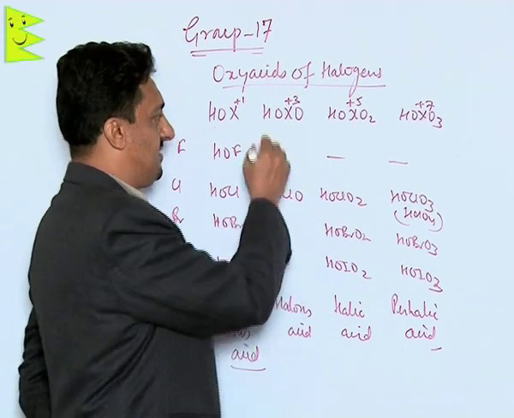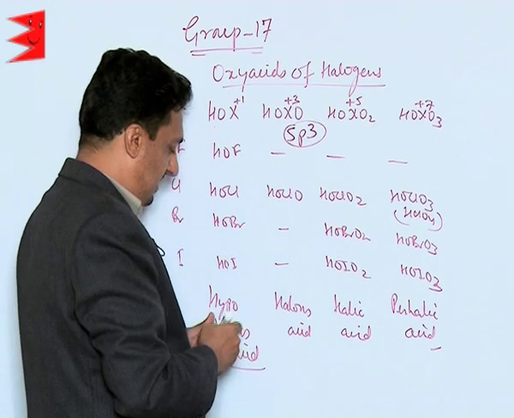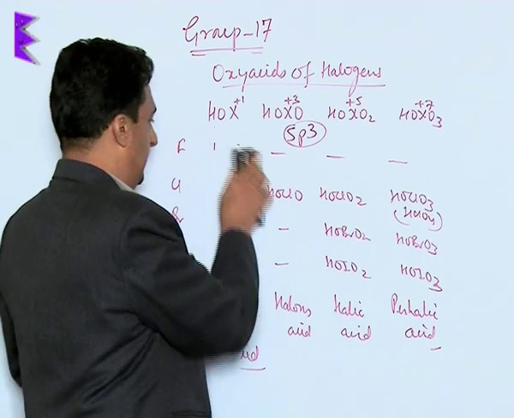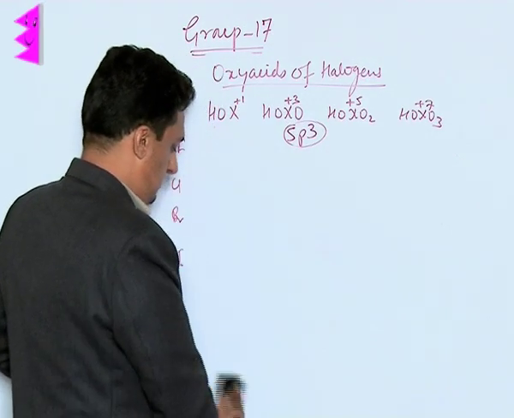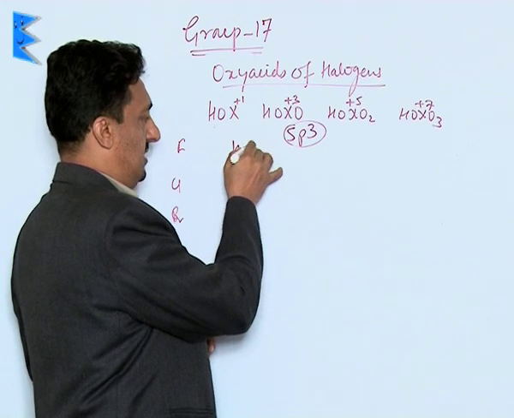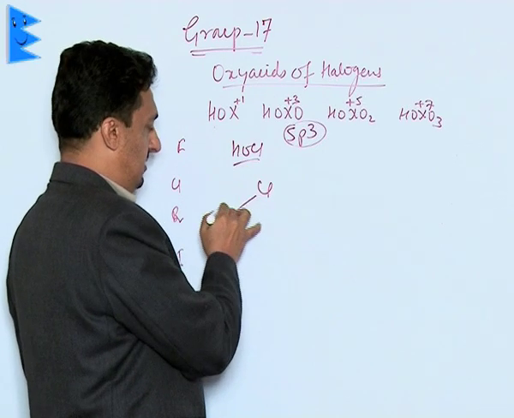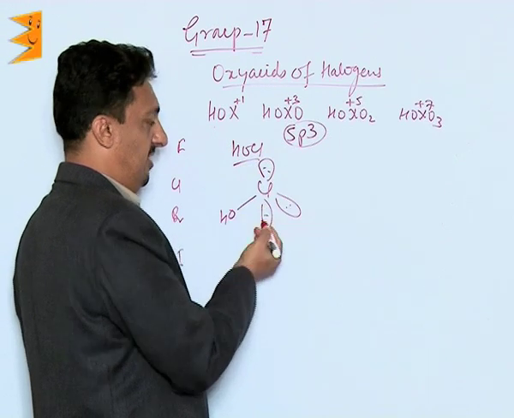Now all of these oxyacids are sp3 hybridized, and let us see their structures. It will be like this. Like if you are talking about HOCl, it's chlorine with 1 OH group and 3 lone pairs, so it doesn't have any shape like this.